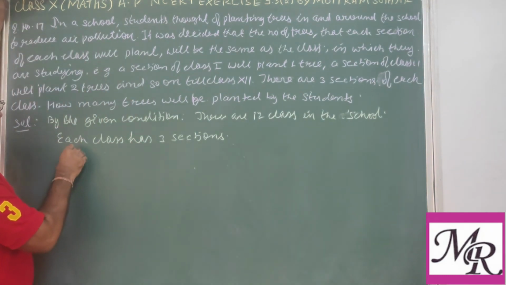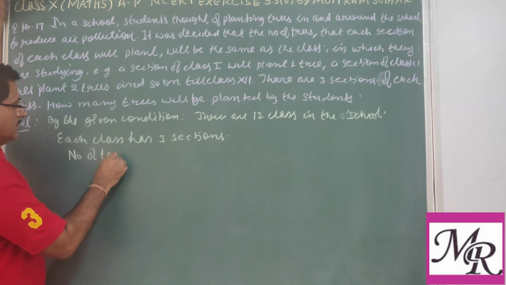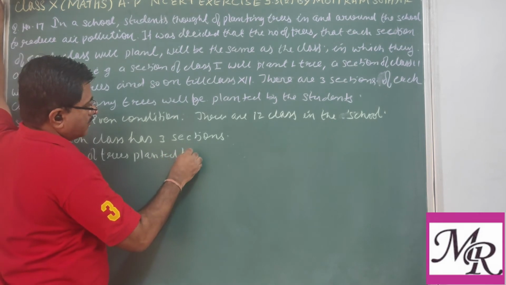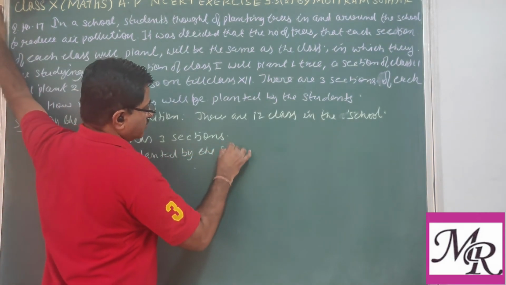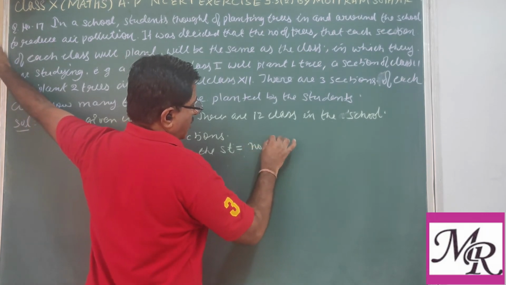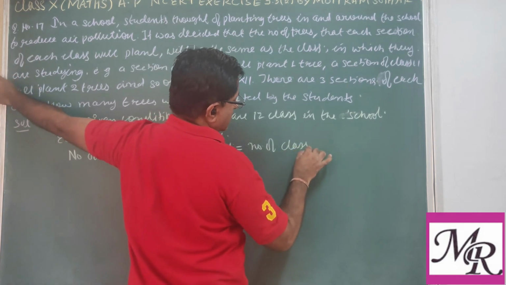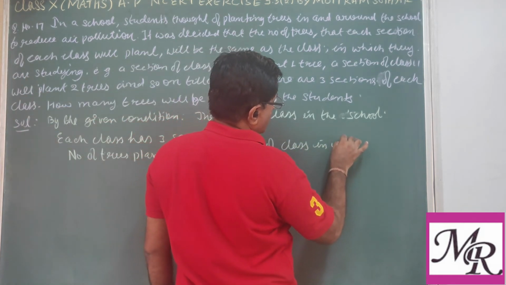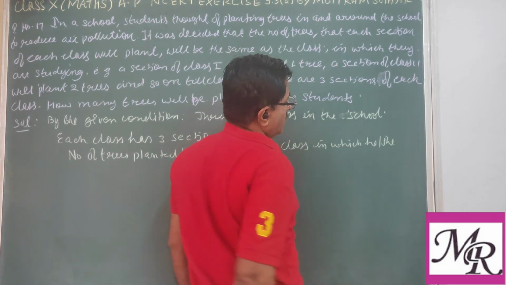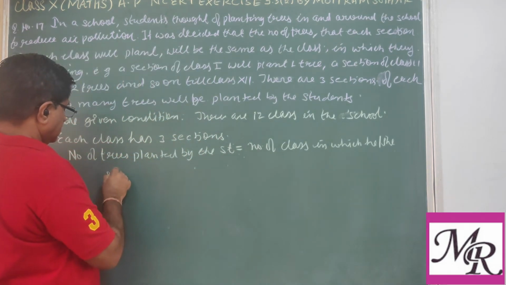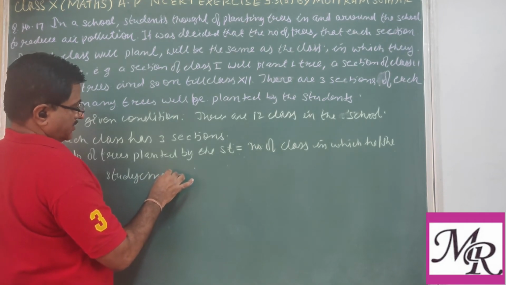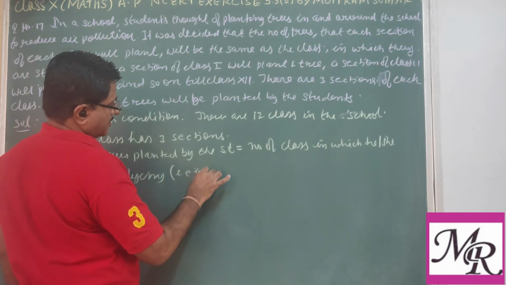And the number of trees planted by a student is equal to the number of the class in which he or she studies. So this is per section.